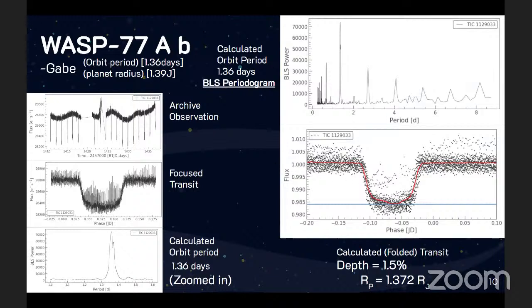This one's a lot nicer than the previous one, and this transit has a depth of 1.5, so the star's brightness went down by 1.5. And since we got the orbital period of the planet, we could take that, with the radius of the star from the archive, and calculate the radius of the planet, which I thought was pretty cool. All right, next slide.